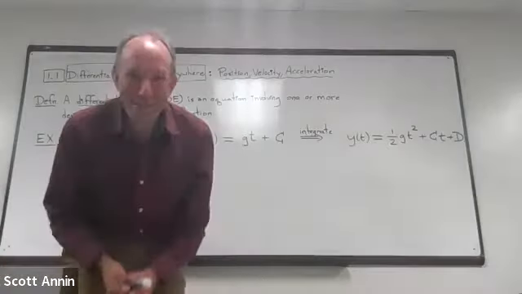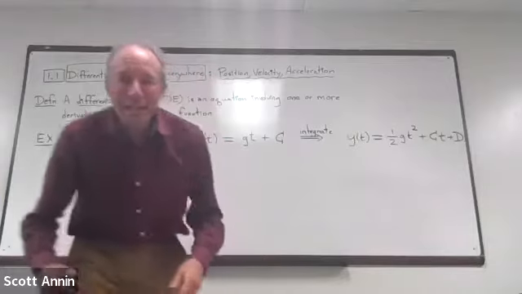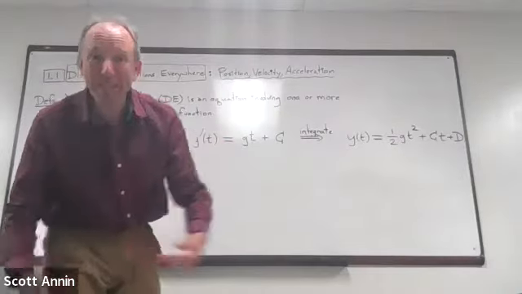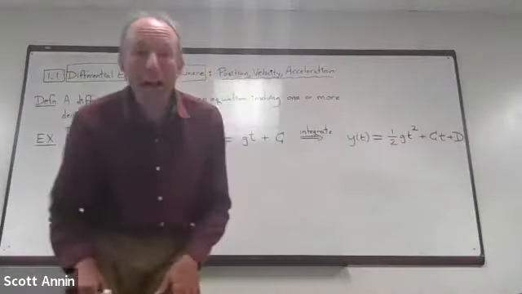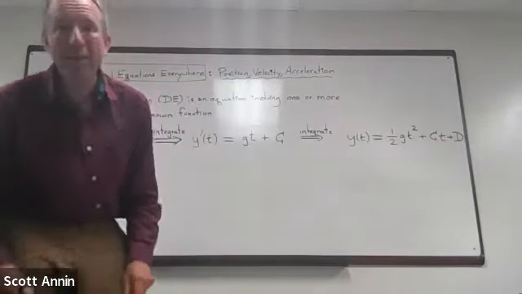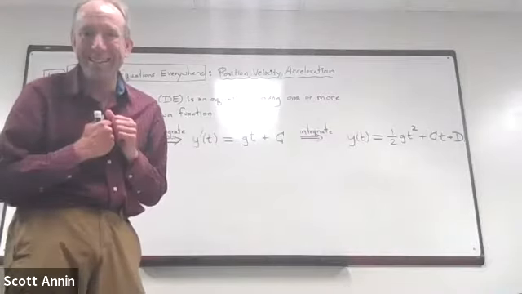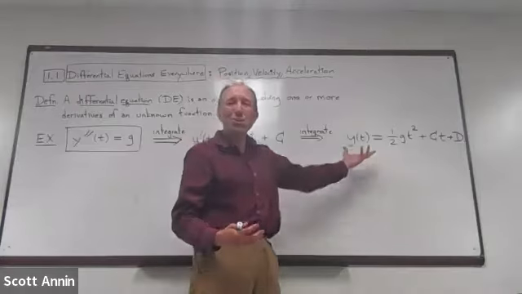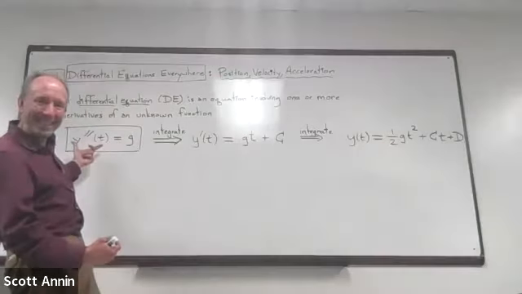Whenever you get a solution to a differential equation like we have right now, if it really is representing a family of solutions where there are constants that are sort of unknown values in the solution, this is called a general solution to the differential equation. In other words, there are many functions y of t that will satisfy our differential equation.